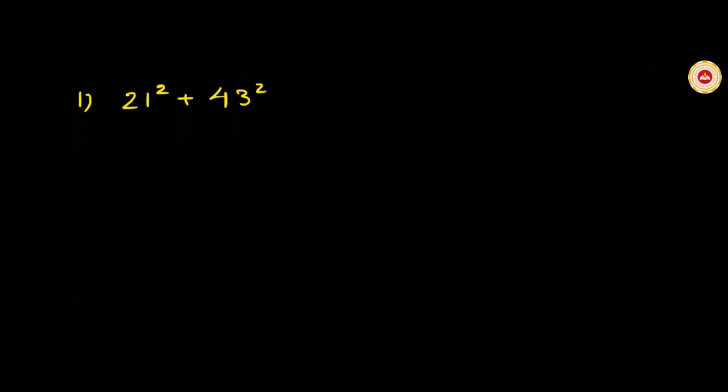Now friends, let us find the squares of these two numbers by using the duplex method. How to use the duplex method in the sum or difference of squares? See, you can calculate the duplex of a given number from right to left or left to right. I like to do it from right to left.